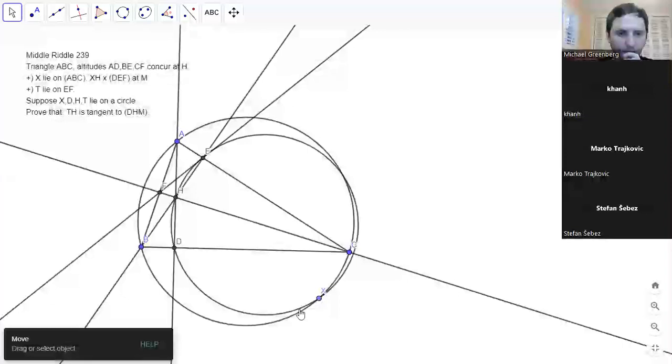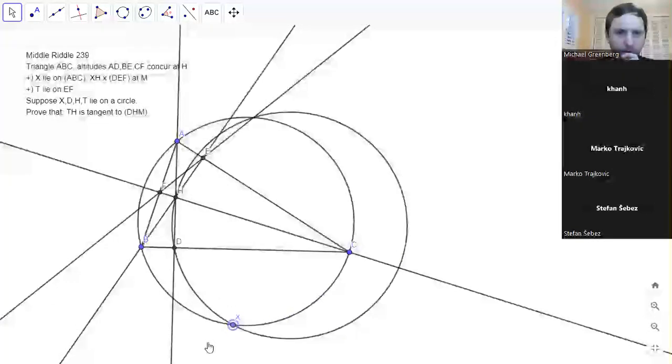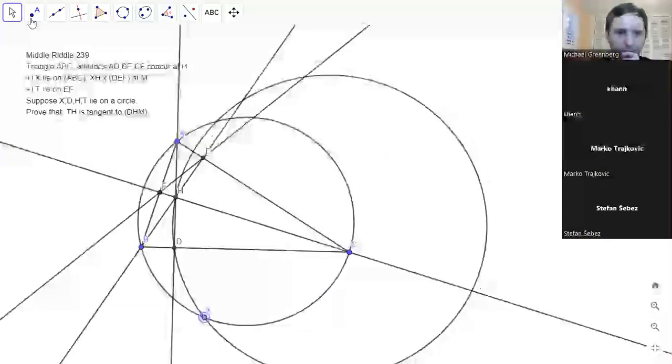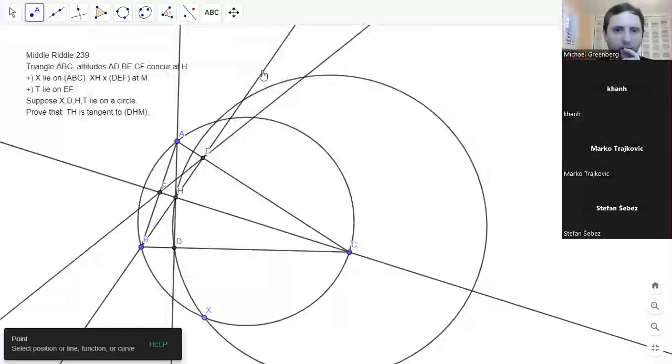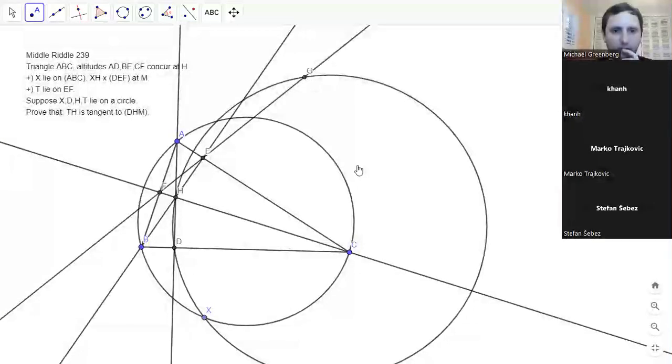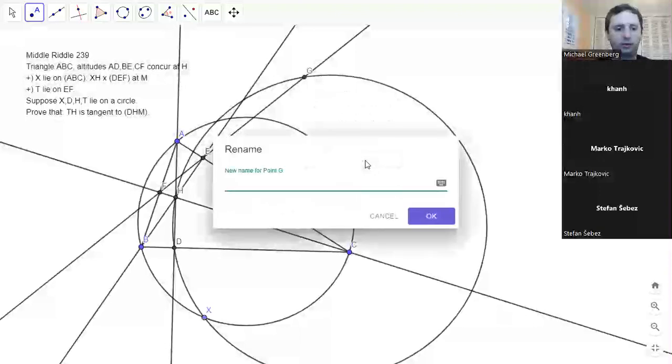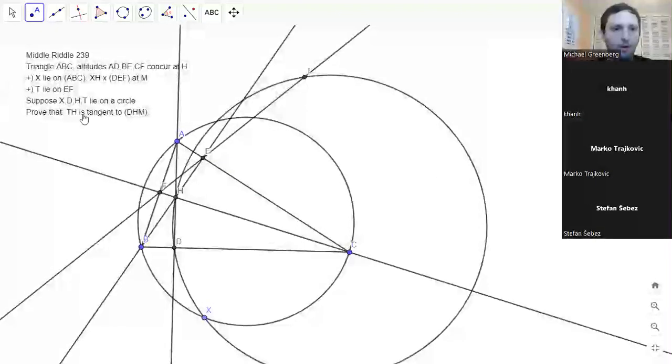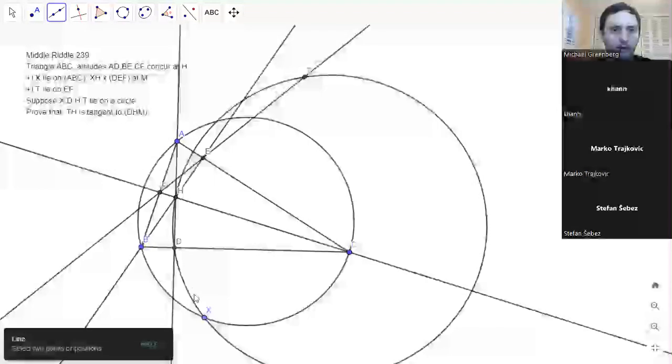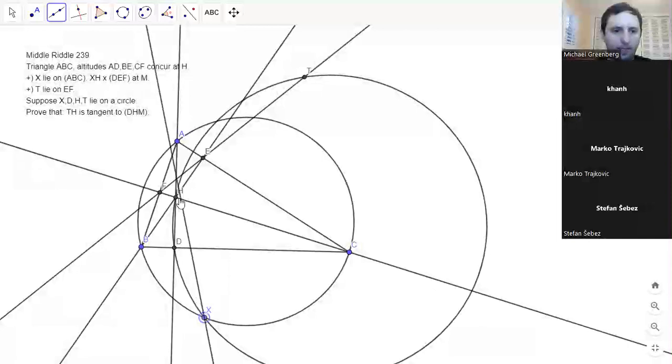Let's see if we can make it better. Call this T. And we want to show TH is tangent to DHM. I forgot to draw M. XH intersects DEF at M.